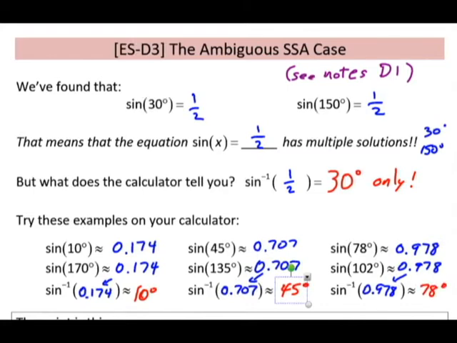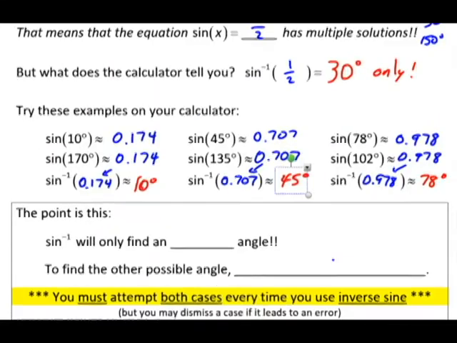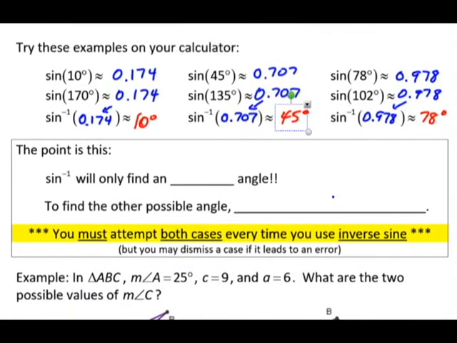So here's the point. Inverse sine will only find an acute angle. If there's another solution, inverse sine won't tell you about it. So you have to figure it out, because we might have obtuse angles in a triangle. Notice how these angle pairs add to 180.